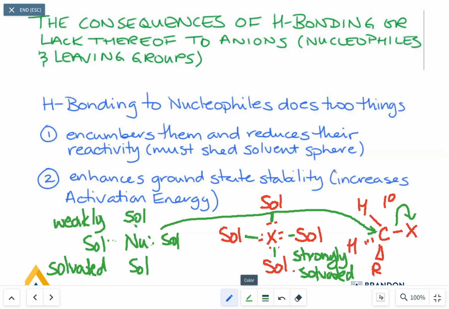So if the solvent molecules are attached to you really, really strongly, it's going to be harder for you to run off and attack some carbon. Whereas if the solvent's there, but it's not interacting with you in a strong fashion, you can basically run off and do what you want to do.